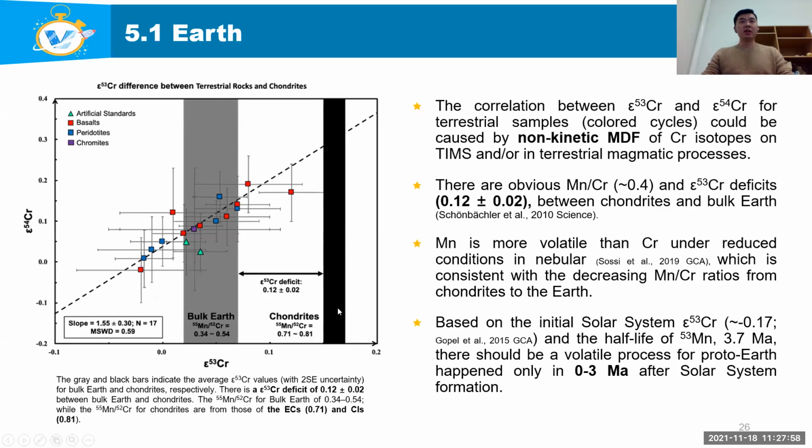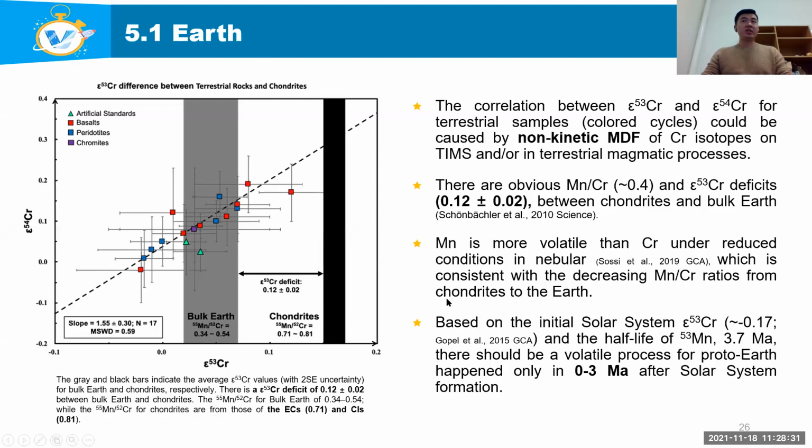From the two bars, the black bar represents the epsilon 53 values for chondrites, and the gray bar represents the epsilon 53 chromium values for bulk Earth. We can see there is a clear epsilon 53 chromium difference between chondrites and bulk Earth. And they also have different manganese-chromium ratios.